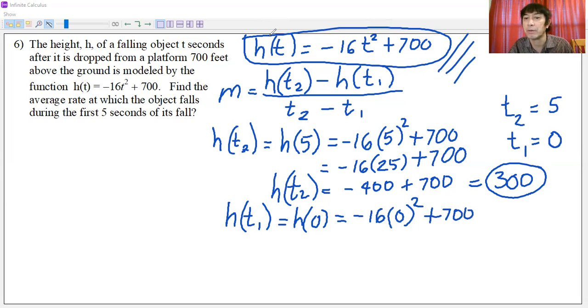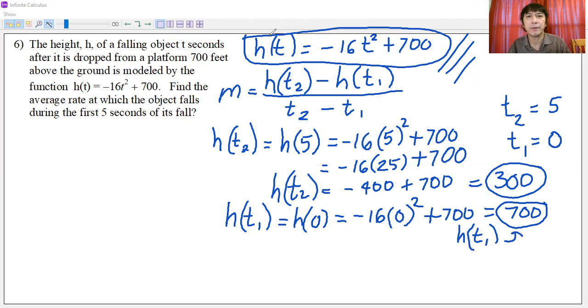Zero squared is still 0, times negative 16 is still 0. 0 plus 700 is 700. So H of T1 is equal to 700.